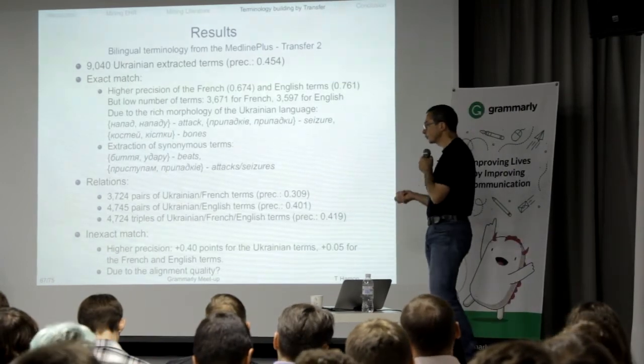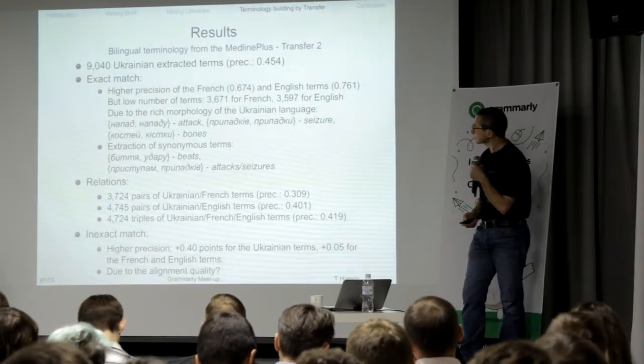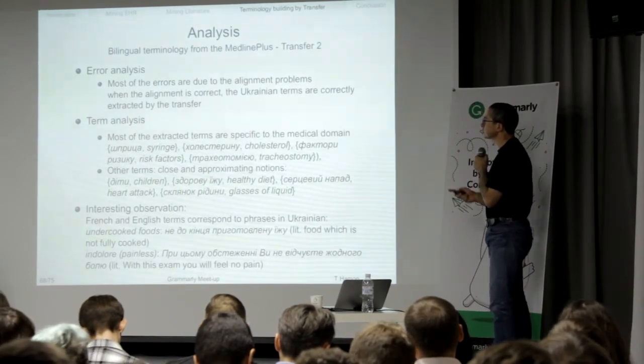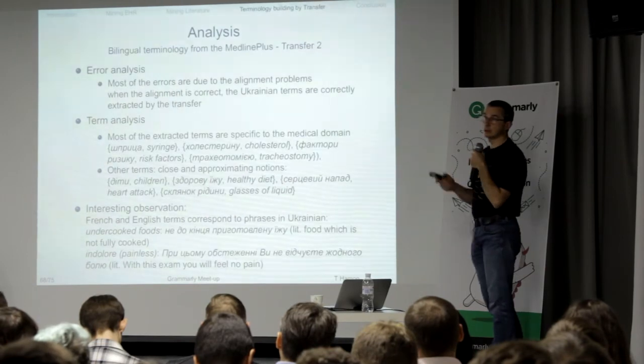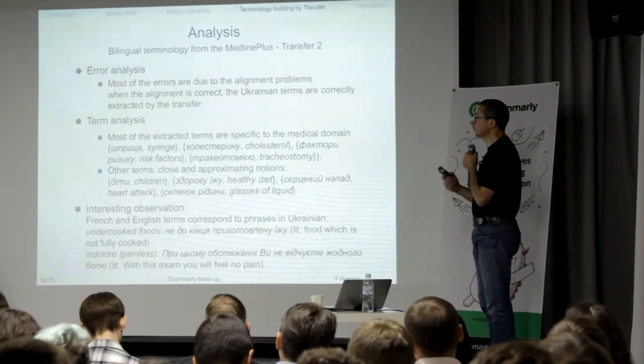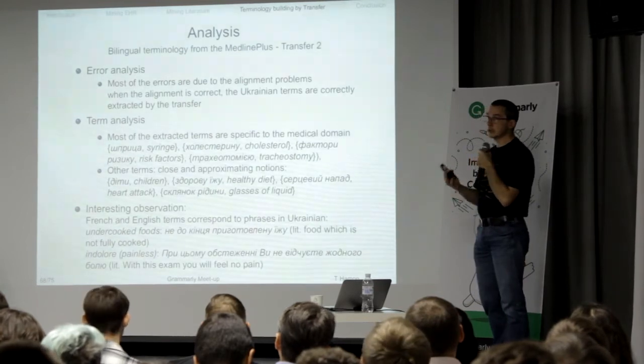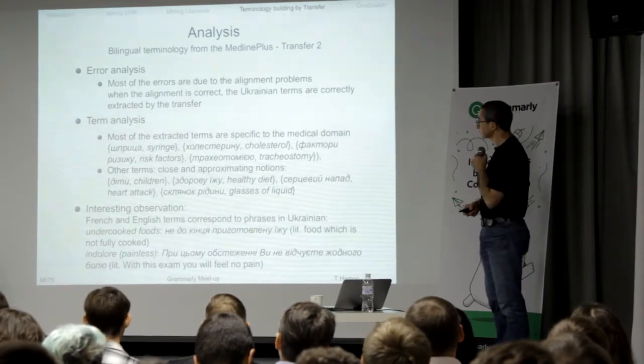We think it's due to the alignment quality. Regarding the error analysis, most of the errors are due to the alignment, and we observe that if the alignment is correct, the Ukrainian terms are also correct by the transfer.